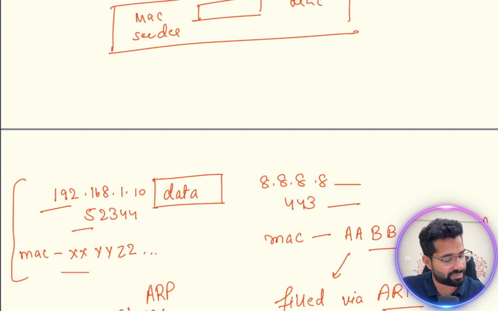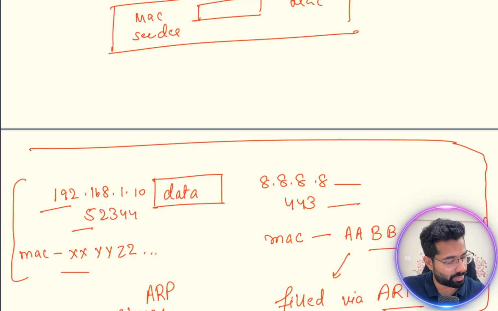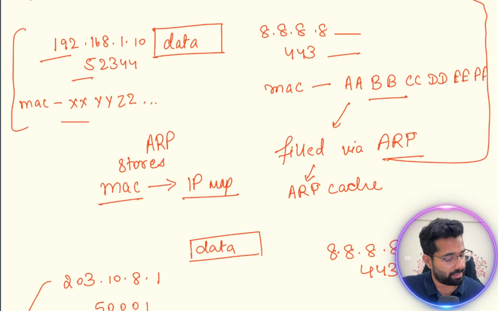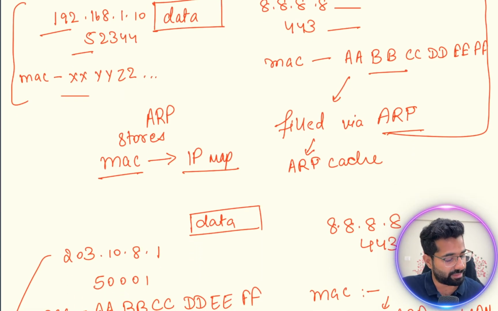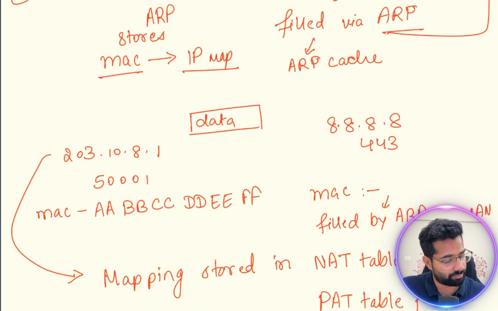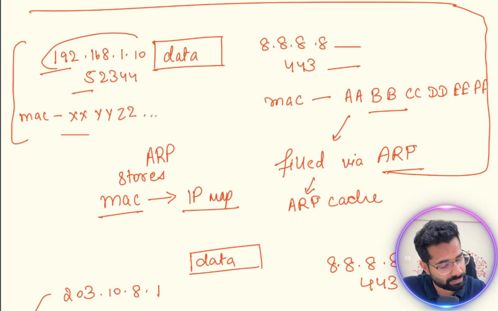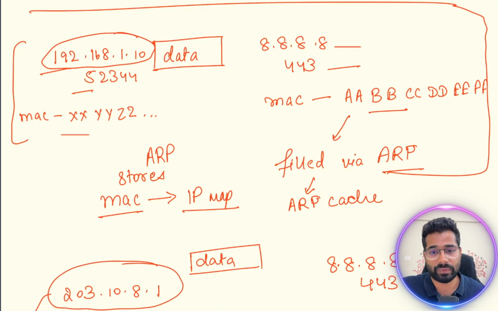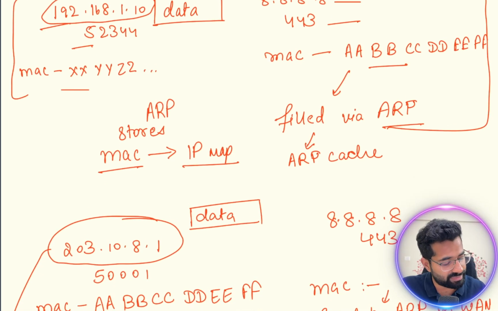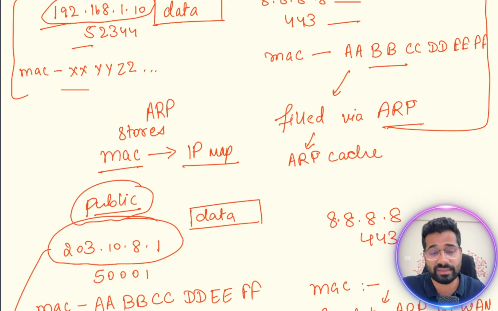Now the router has got this particular data. What it will do with this data is change the private IP address to its own public address. This is your gateway router's public WAN address, which is discoverable on the internet.